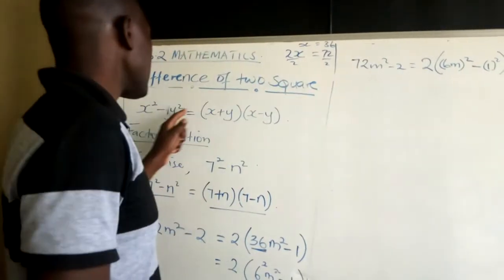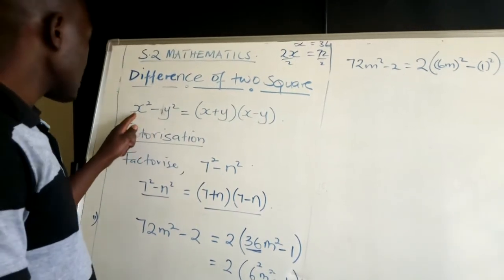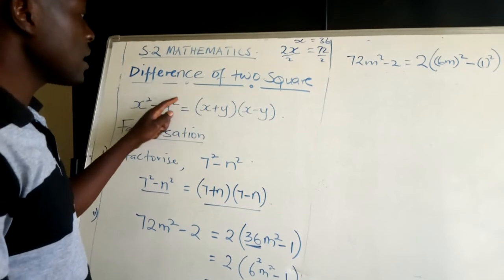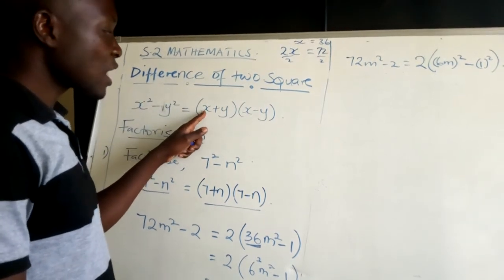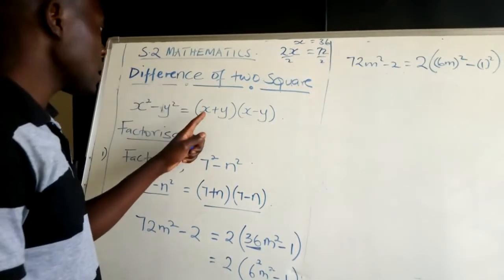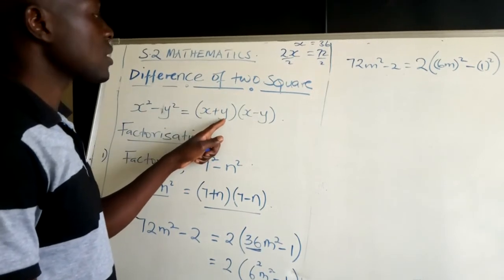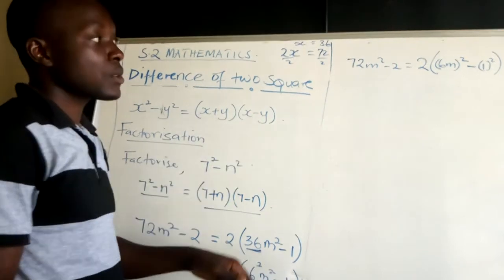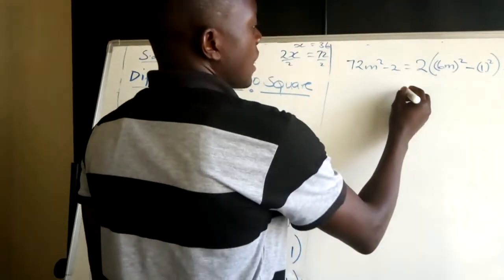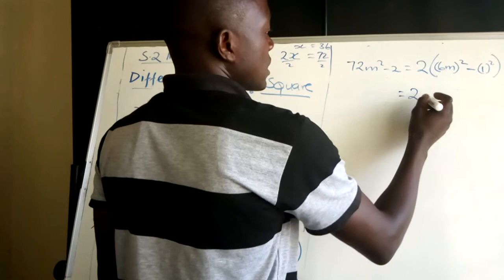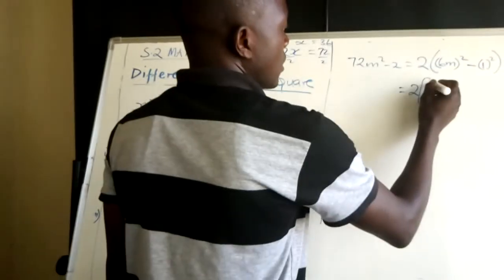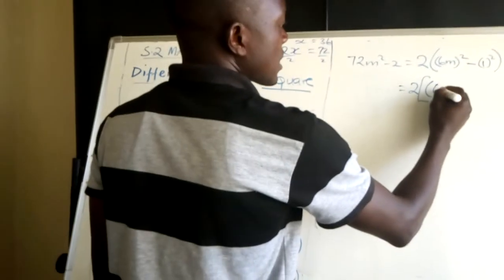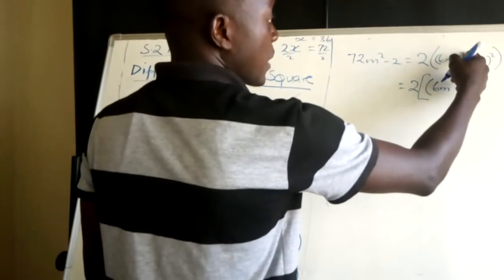We go back to the identity. The identity says if you have the first number squared minus the second number squared, is the same as writing the first number without the square plus the second number without the square into the first one without the square minus the second one. So I'll maintain my 2 out into the first bracket. I write the first number here, which is 6m without the square.